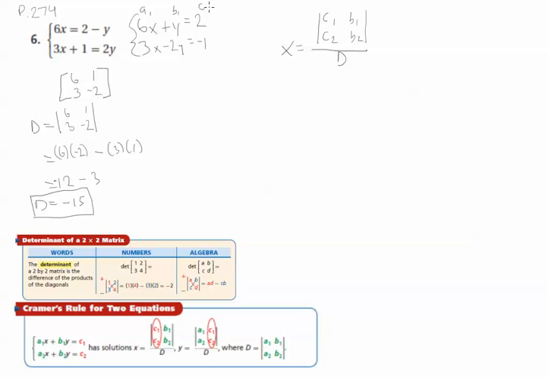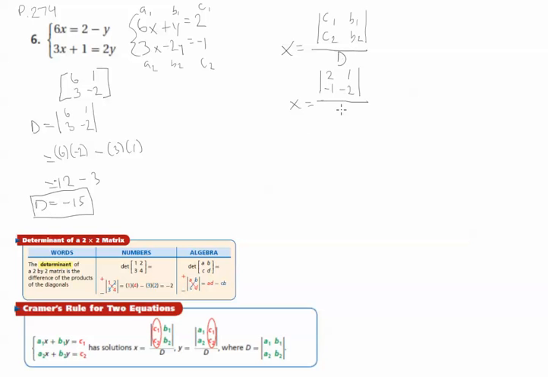That's A1, B1, C1, A2, B2, C2. So to find my x, I'm going to replace my x coefficients. My C1 is 2, my C2 is negative 1. 2 and negative 1. I keep my y coefficients, 1 and negative 2.